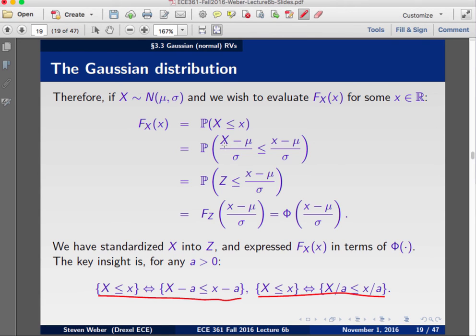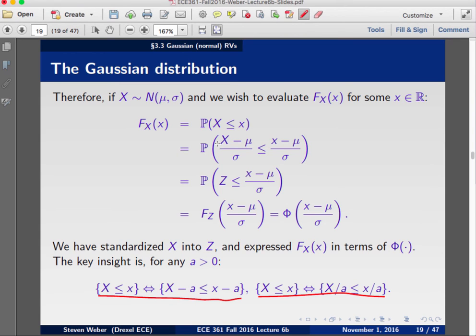I know that not only is it going to be normal, it's going to be normal with mean 0 and variance 1. And so now what I'm asking for is the probability that a standard normal z is less than x minus mu over sigma. And that's going to equal the CDF of the standard normal z at the argument x minus mu over sigma, or in our new notation, capital phi at x minus mu over sigma.